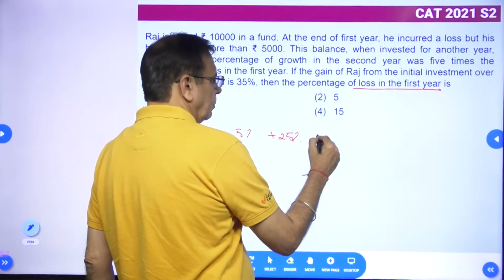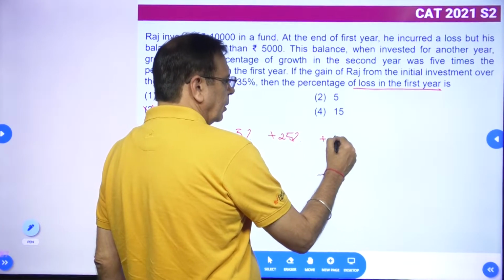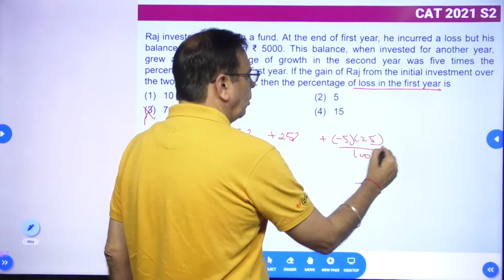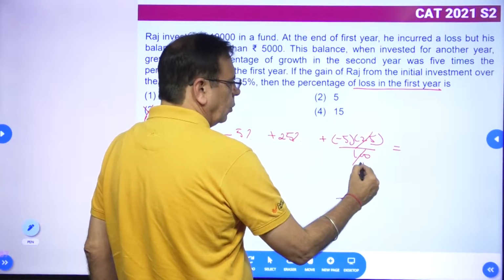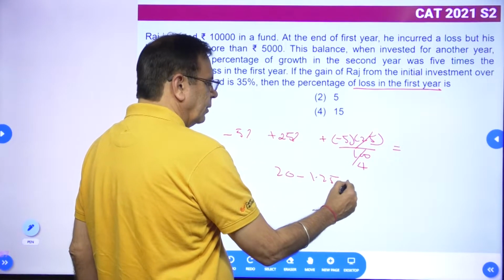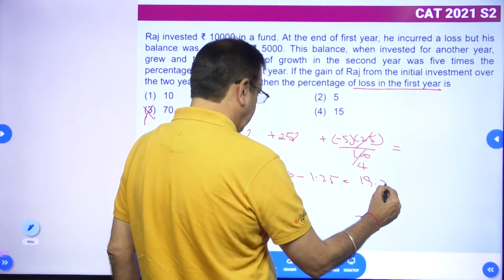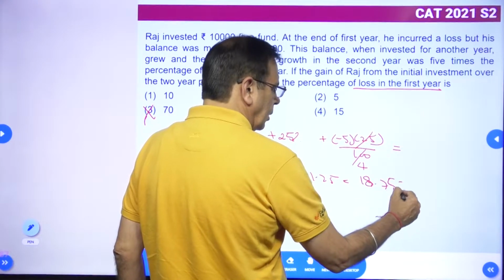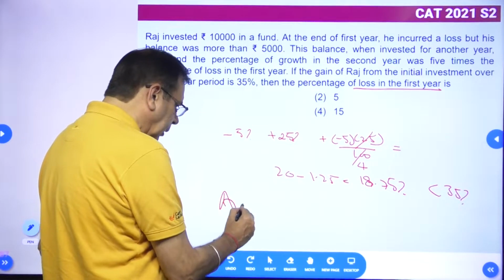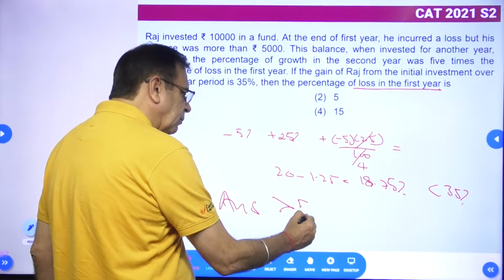So A plus B plus AB by 100. How much does it become? 25 into 5 by 100, so this becomes 20 minus 1.25, which is equal to 18.75%, which is less than 35%, which means my answer should be greater than 5%.